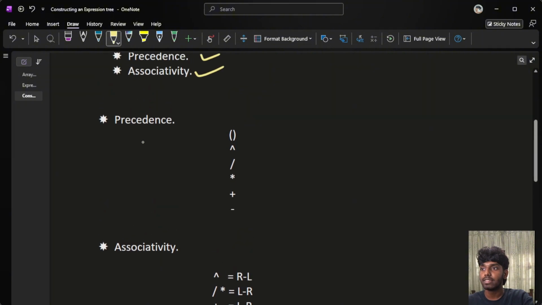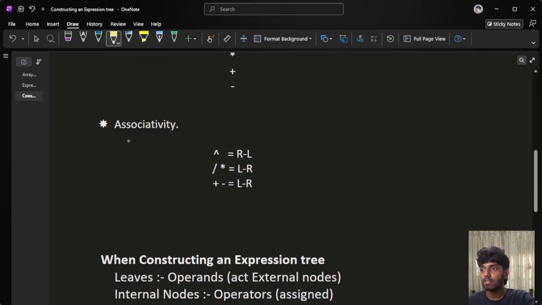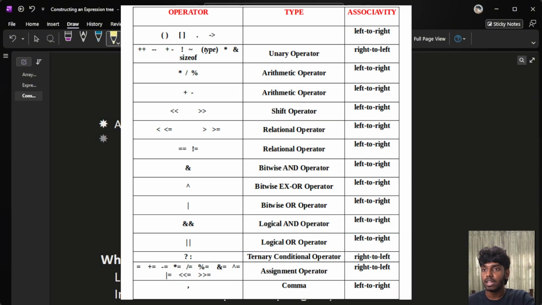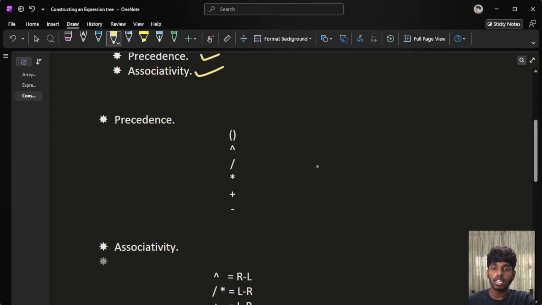Okay, as you can see, here we have the precedence chart. We have the brackets, then the powers, then the division, then the multiplication, then the addition and the subtraction, and we also have the associativity right here. When it comes to precedence, we have to be concerned about what part will execute first, what part will execute second, and what part will execute last.